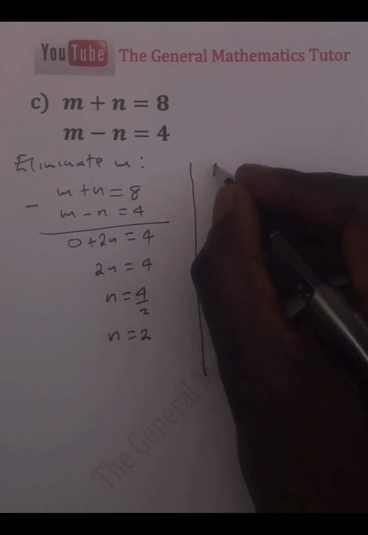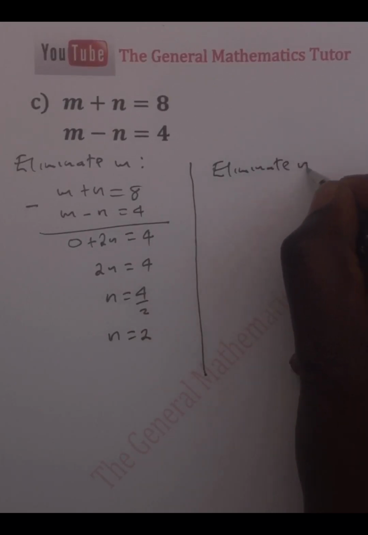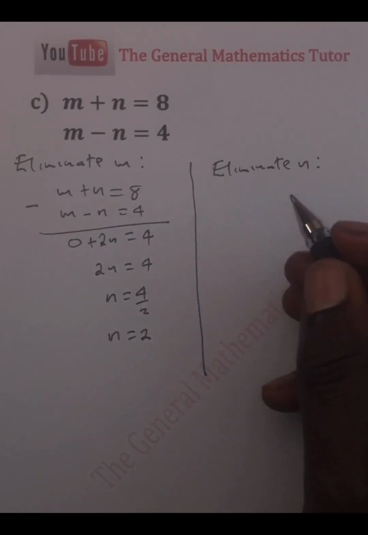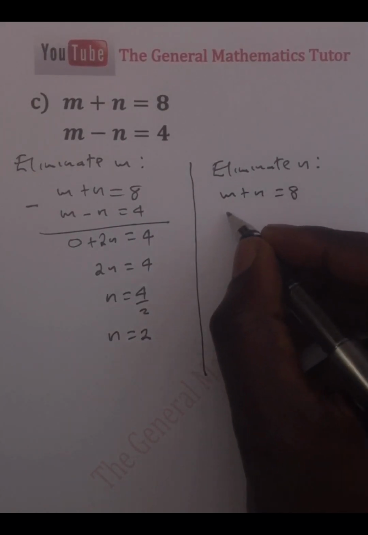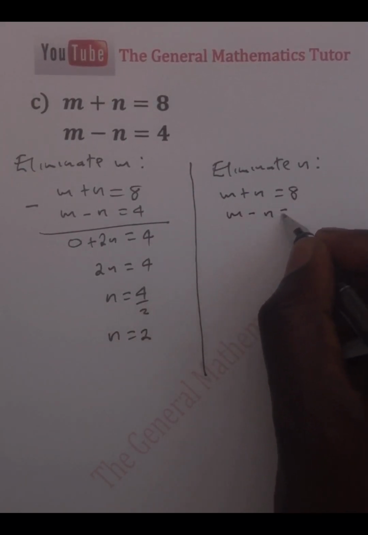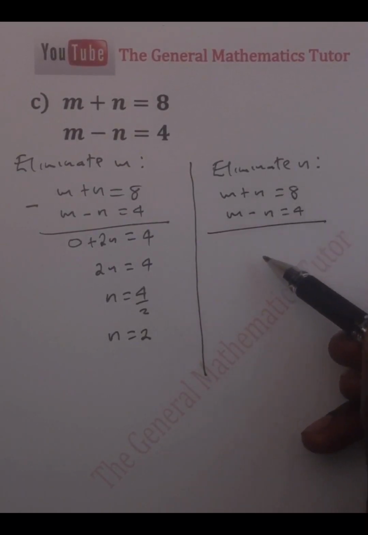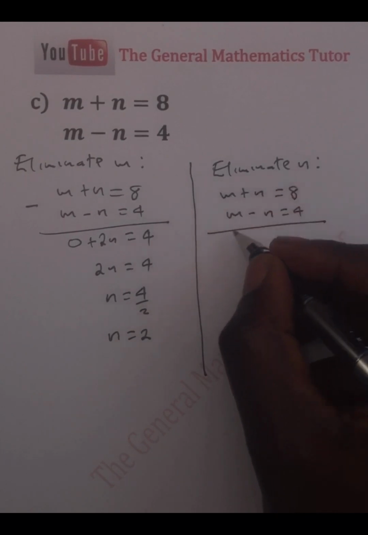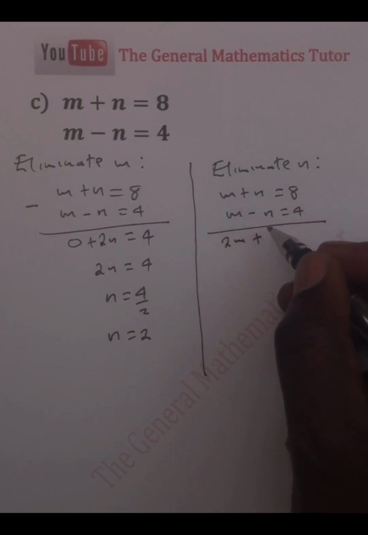We can do the same for n. So let us eliminate n so that we are able to obtain m. So we have m plus n is equal to 8 and m minus n is equal to 4. So we can eliminate n by adding. So we'll have 2m plus n plus negative n is 0.